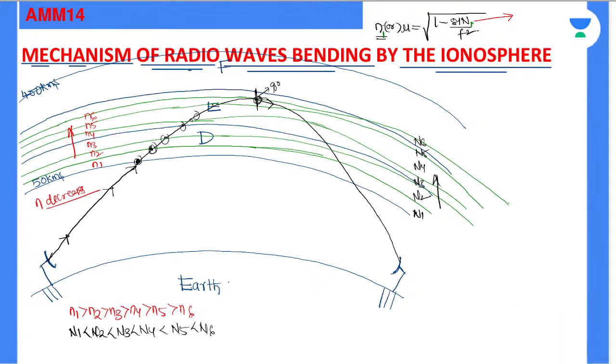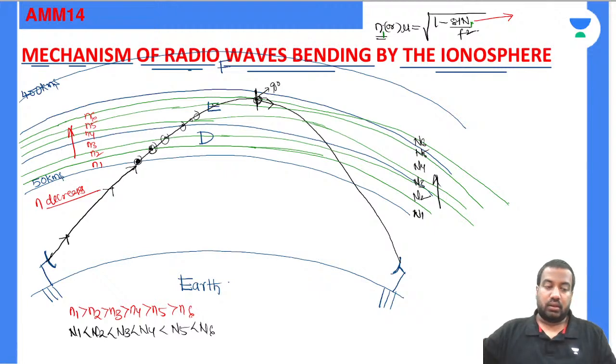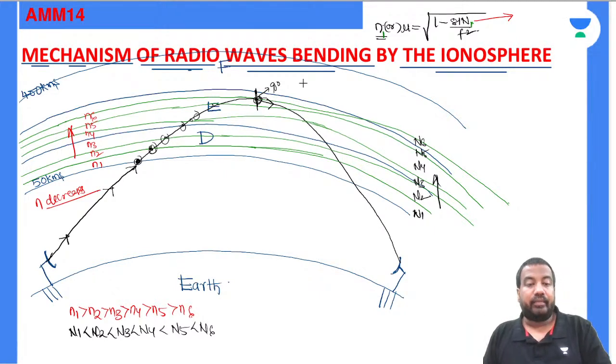Maximum, very good. Okay. So, this ionic density value at this point is maximum.